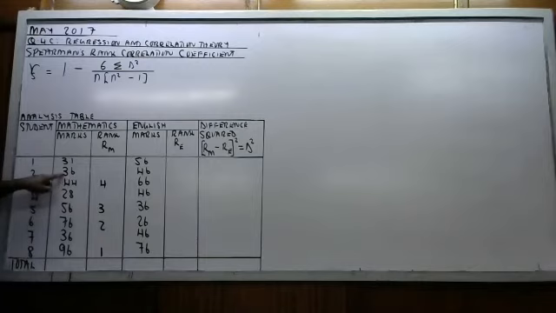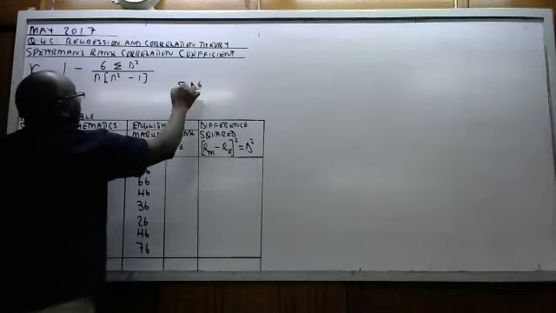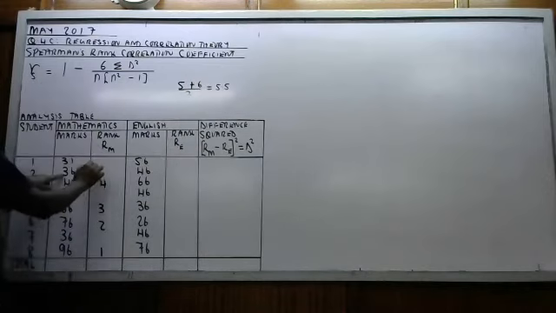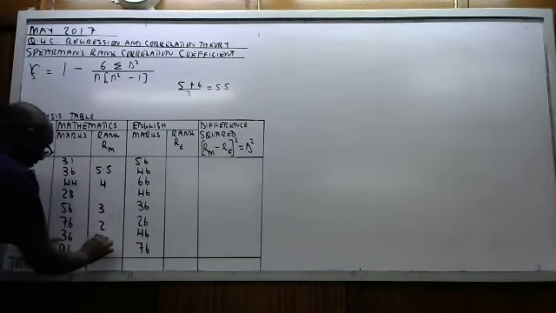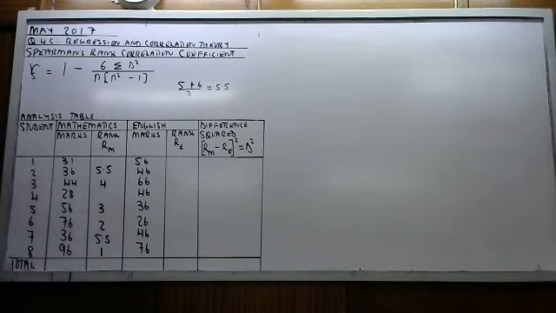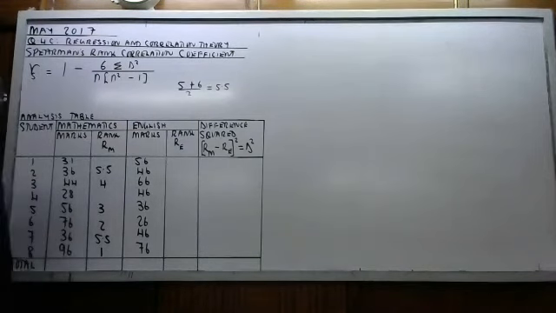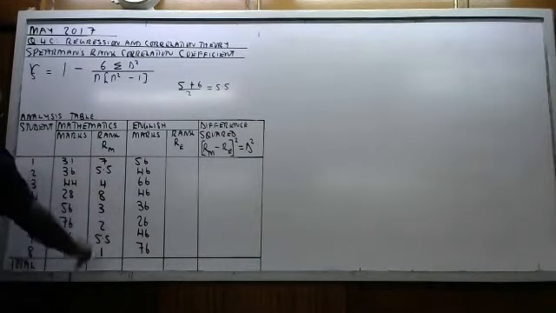Now that these two are tied, where we were supposed to go to number 5, you take 5 plus 6, you divide by 2, and that gives you 5.5. So each is given 5.5. That is what you do: you take the two positions and divide by 2. Then this must now be number 7, and this is number 8.